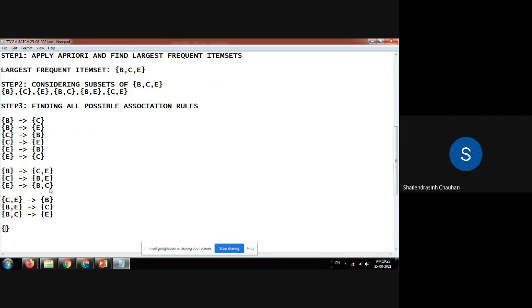If you consider BC, these 2 items are there. If you consider B, B is included on the left. If you consider C, C is included on the left. So this is not possible for any item set of size 2. Here in this example, 2 on the left, 2 on the right is not possible. Fine, so we can skip it.